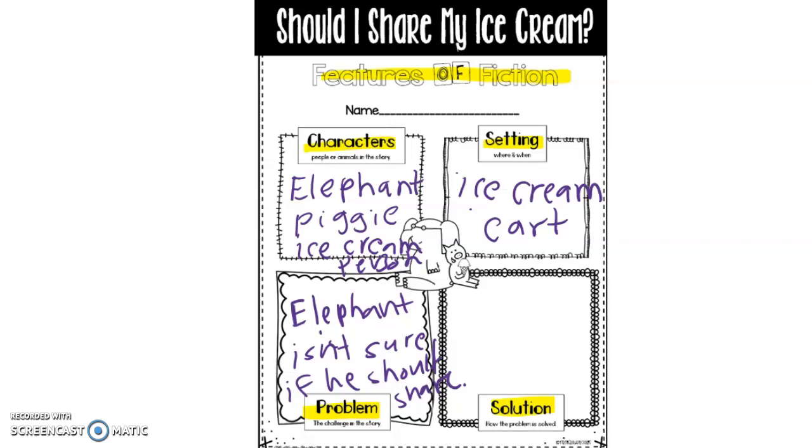Now, another problem in the story would be that the ice cream melted and Piggy or Elephant did not get the ice cream. So that could be another problem. Then the solution could be that Piggy brought ice cream for Elephant. If you are not done with this page, go ahead and push pause until you are done, and we're going to move on to the next page.